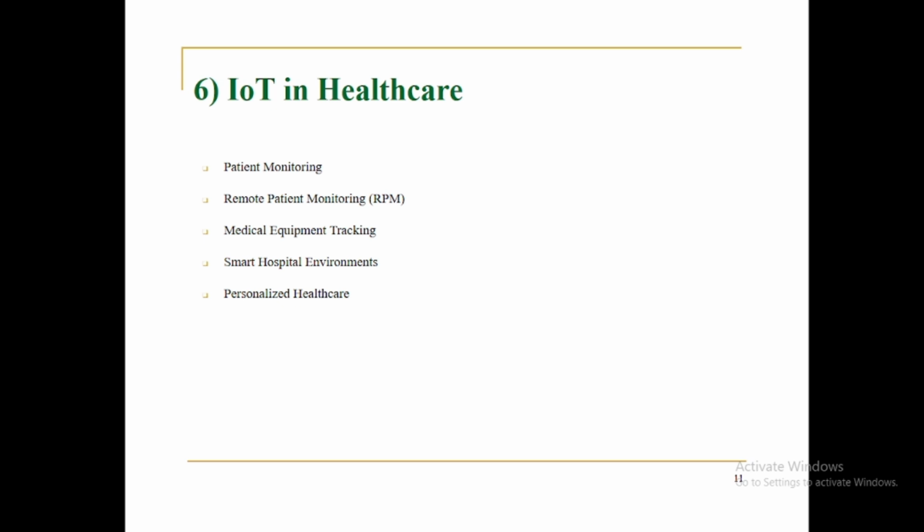Let's say whenever his glucose levels are low, he needs treatment. Rather than waiting until a doctor comes to examine him and prescribe medicine, based on the fitness tracker's data, using smart medical equipment, we can give him the necessary treatment. So we can reduce the time delay it takes for a doctor to examine him and give the treatment, and ensure that the patient gets the necessary treatment at the right time.